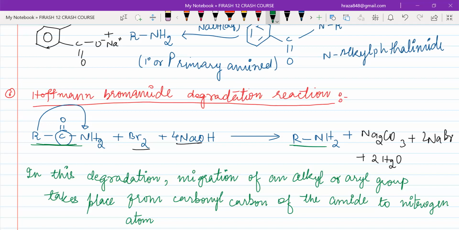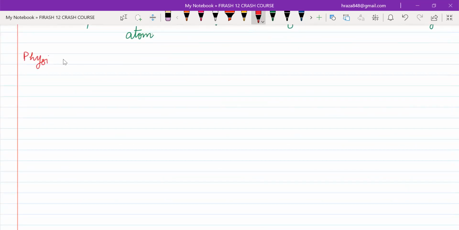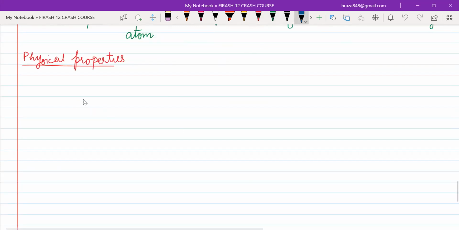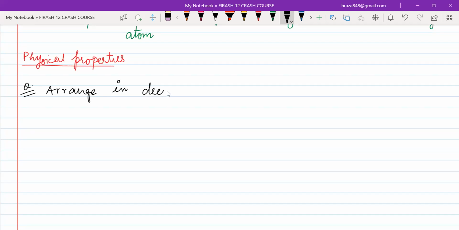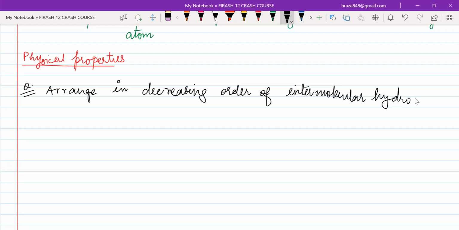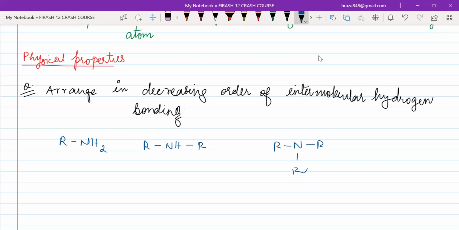Now there will be physical properties, and you can see in physical properties, can you tell me, arrange in decreasing order of intermolecular hydrogen bond: if you have primary amine, secondary amine, tertiary amine, which one will have the most hydrogen bond?